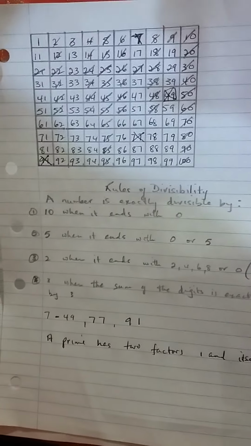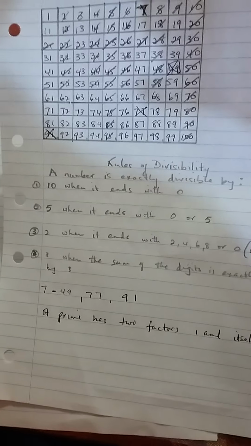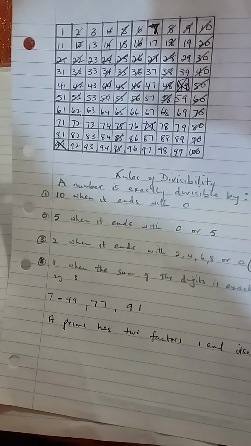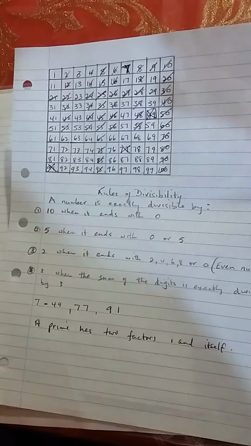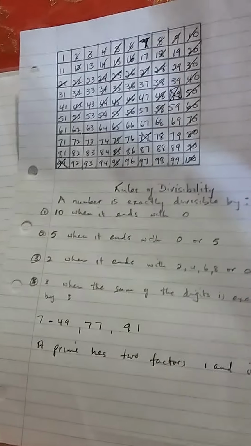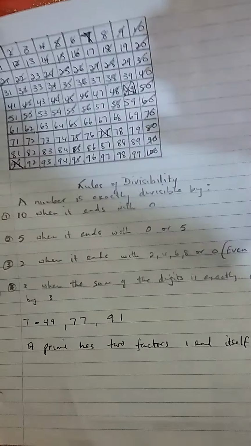And you were given an exercise where you had to cross off all the numbers exactly divisible by 10, 5, 2, and 3. And I would have also given you numbers that 7 is a factor of, and we would have crossed off 49, 77, and 91.